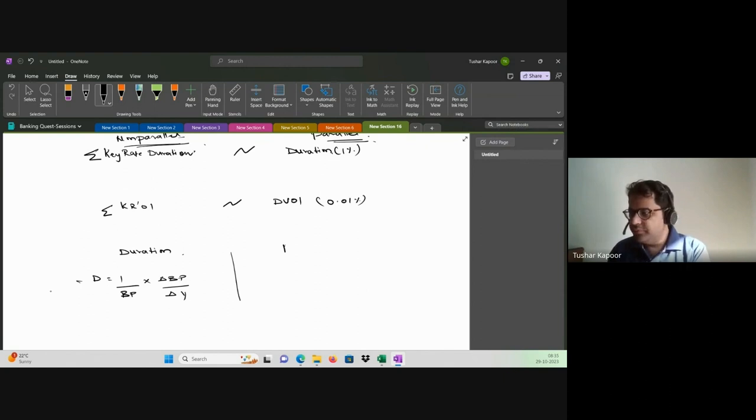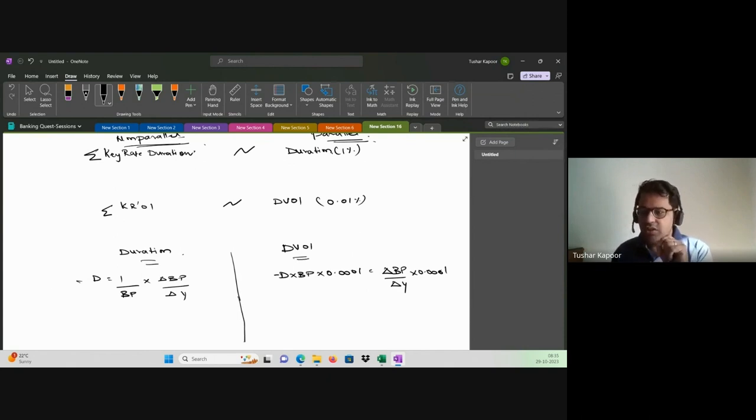And for DV01, the formula was duration multiplied by bond price multiplied by 0.0001, which is change in bond price by change in yield multiplied by 0.0001. So this was what we have understood about duration and DV01. The formula does not change at all, interestingly.